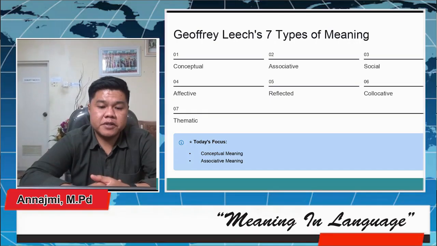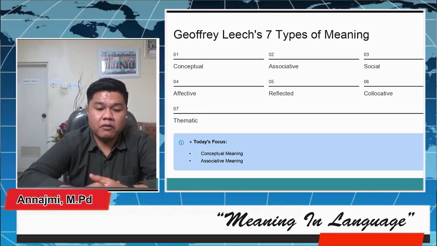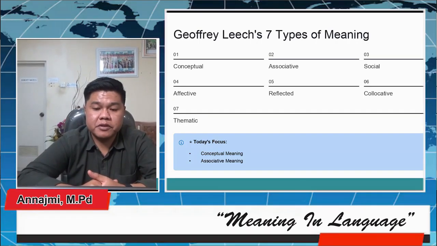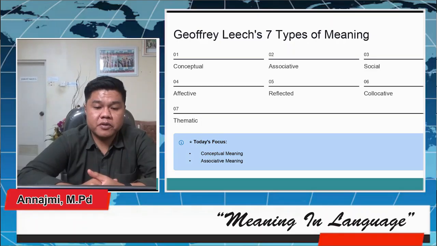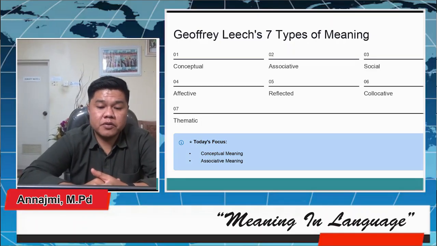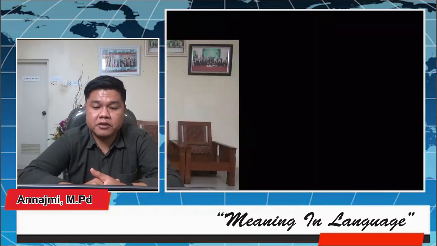Each type represents a different way in which language conveys a message. However, in today's lesson, we will focus on the two most fundamental types, namely conceptual meaning and associative meaning. Understanding these two concepts provides a strong foundation for understanding how language operates in communication.